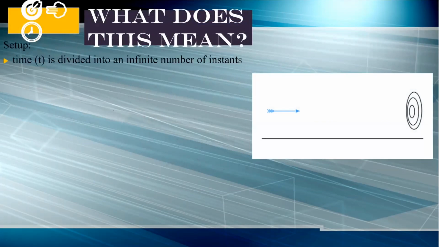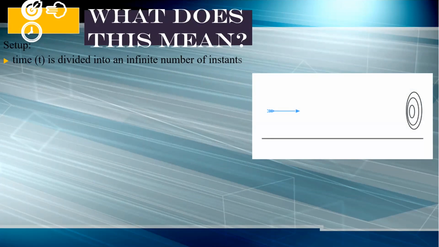So for our setup this time, I'm going to describe time as divided into an infinite number of instants. So you can think of time as a line segment, especially the time from when the arrow is fired to when the arrow reaches the target. This is a certain amount of time, however long you want to say.